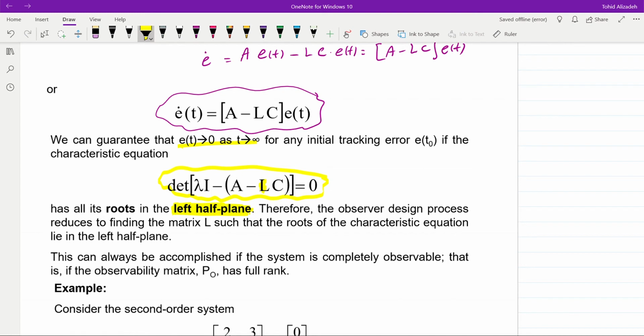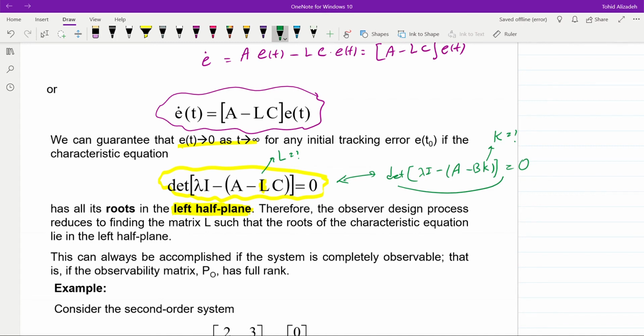If you remember, in designing the full state feedback, we were finding the determinant of lambda I minus (A minus BK) equal to 0, and you can see that they are kind of similar to each other. Over there we needed to find the gain K, here we need to find the gain L. But in both cases, by setting proper values for those gains, we should be able to place the closed loop poles of the system, or the poles for the observer, at the proper place.